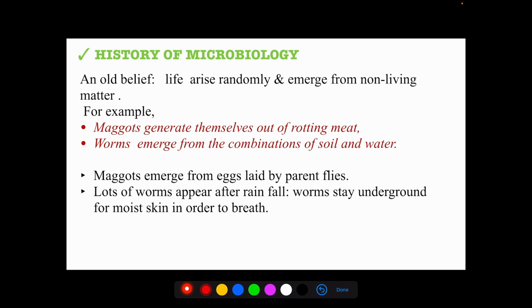During this time also, people used to believe that worms, rather than hatching from the eggs of other worms, were created when dirt and water made mud. So this was the idea of a popular theory, which we call spontaneous generation.